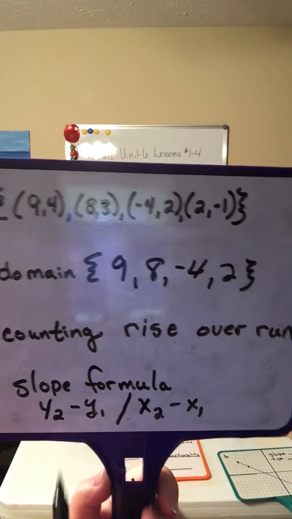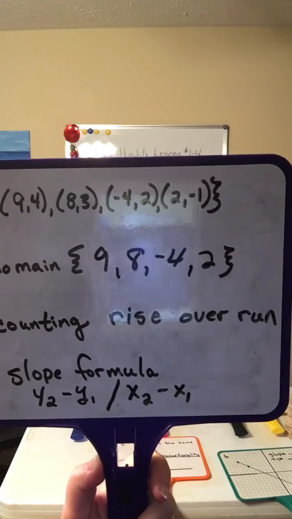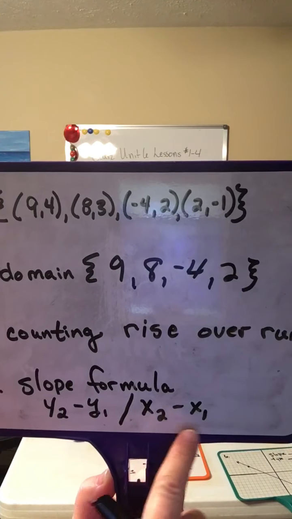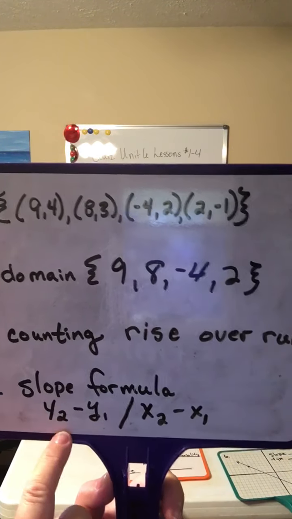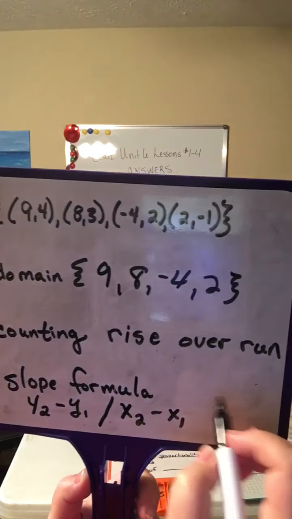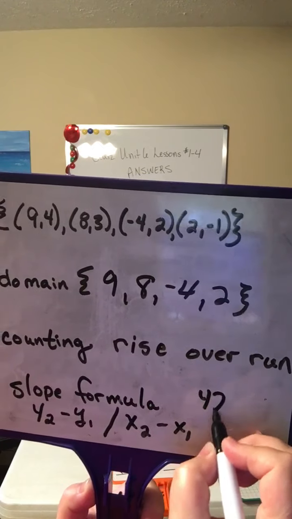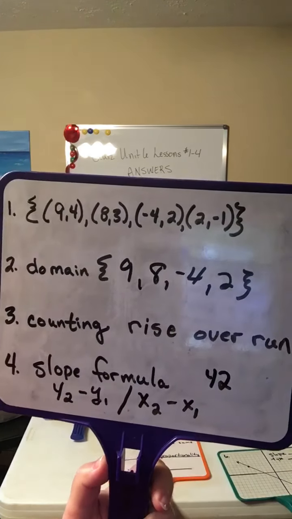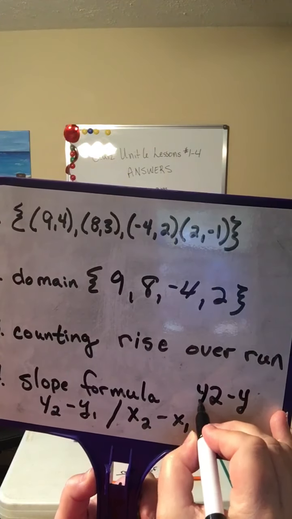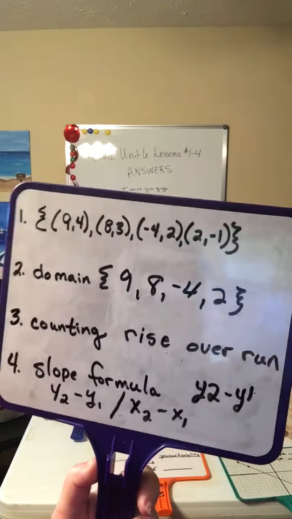These numbers here are called subscripts. You've been using that in science. They're smaller or below the letter that they're next to. Please, if you wrote it like this, I understand. You can't make a subscript on the computer, so if you wrote it like this, that's okay.